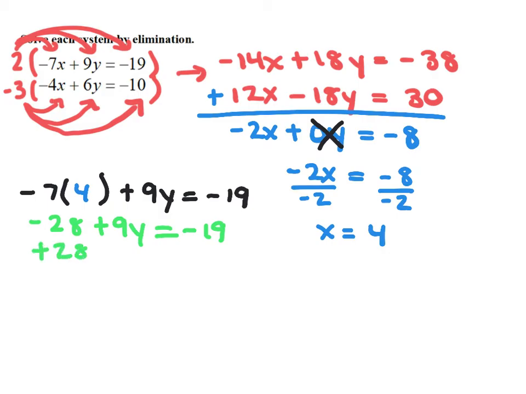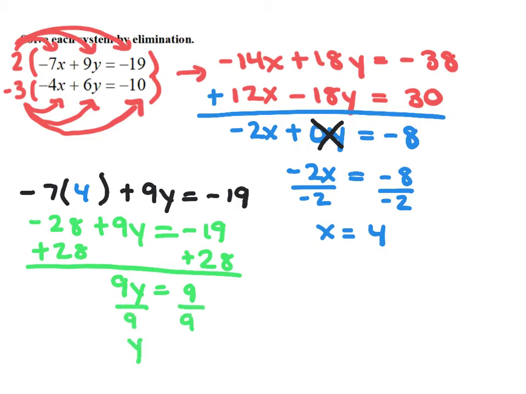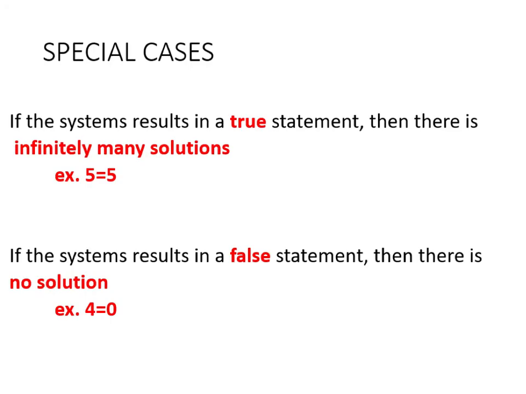Add 28 to both sides to get 9y equals 9, and divide both sides by 9 to get y equals 1. So the solution to the system is 4, 1.